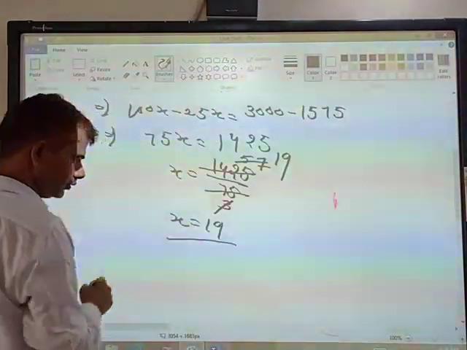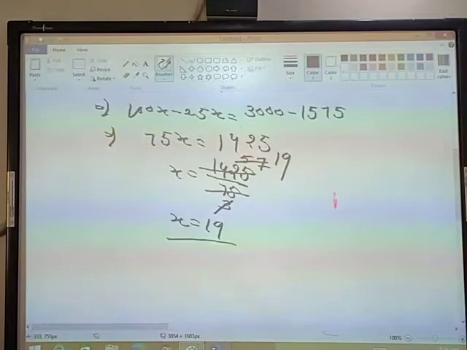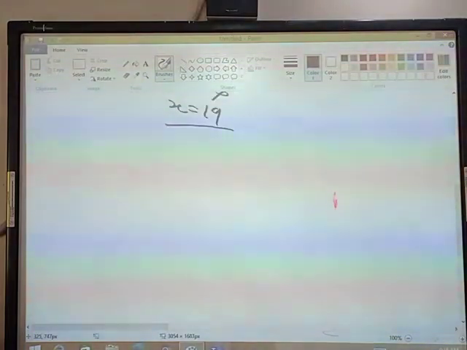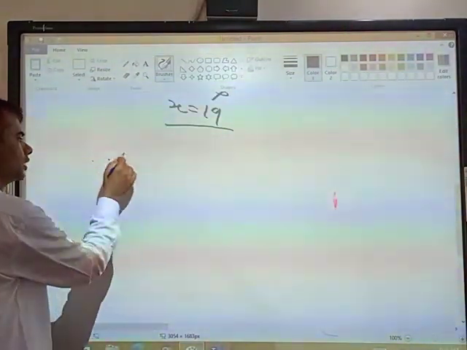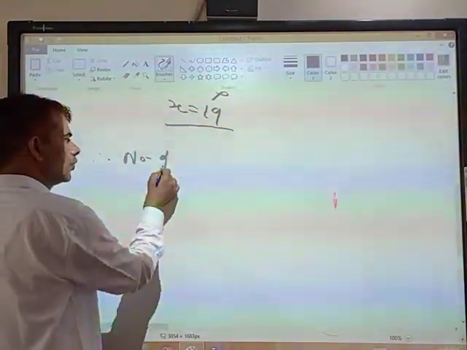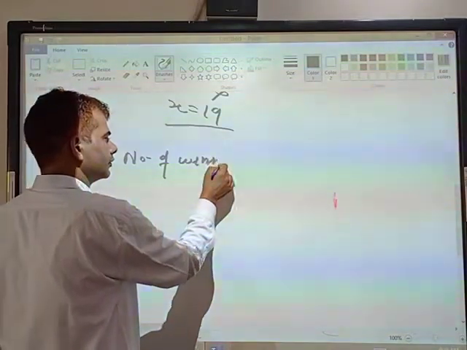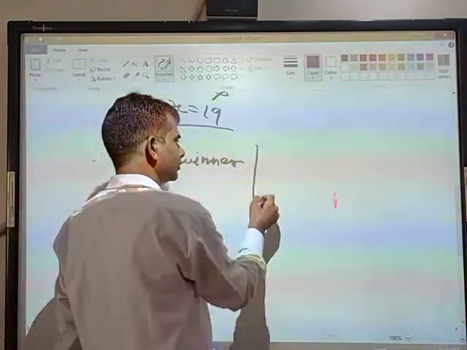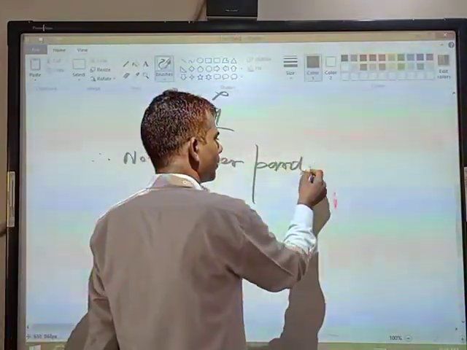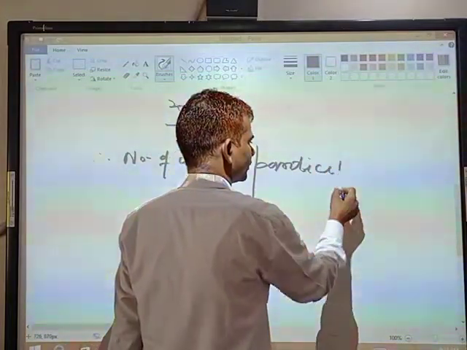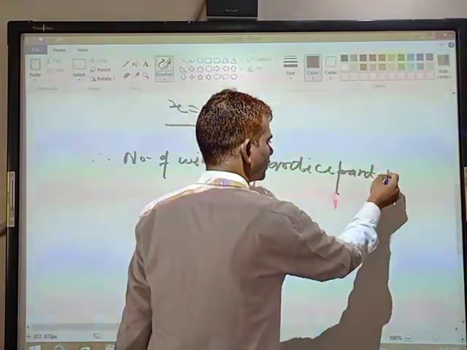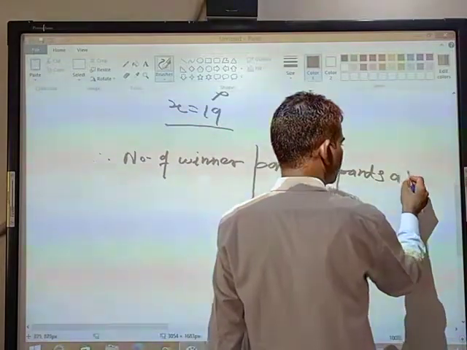So x is equal to 19. Find the number of winner participants. Therefore, the number of winner participants is 19.